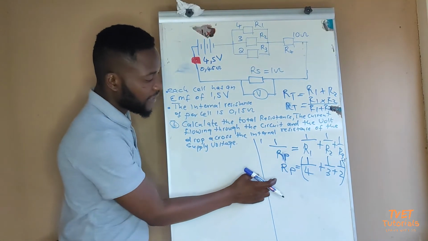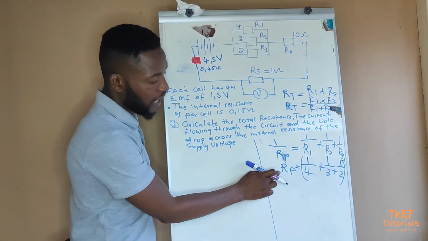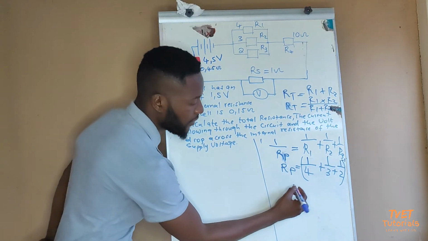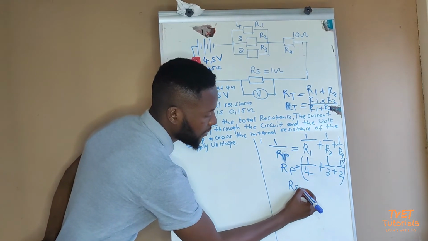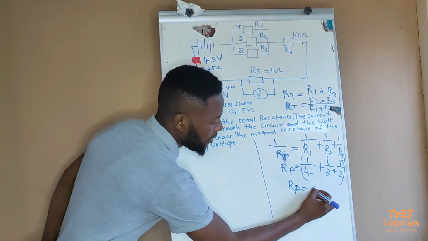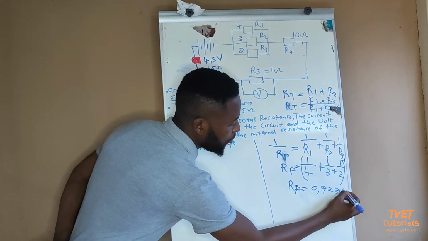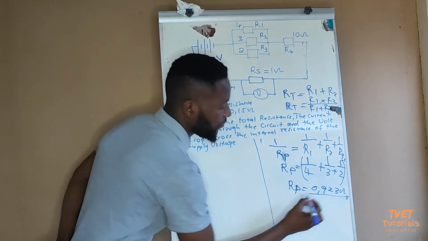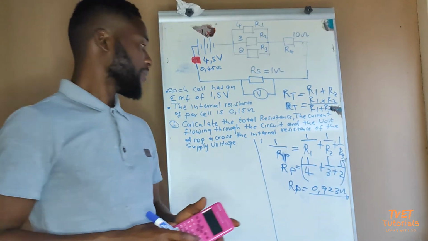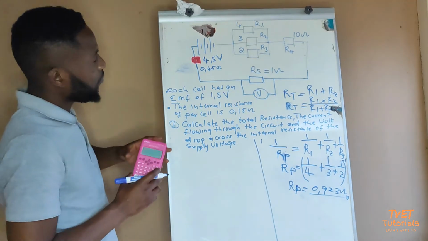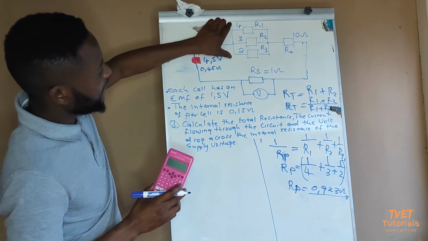So now the magnitude of Rp is 0.9223 ohms. So now you can see we have reduced the circuit.